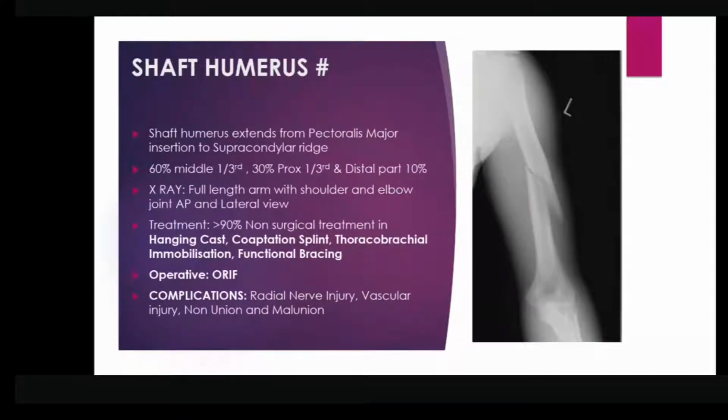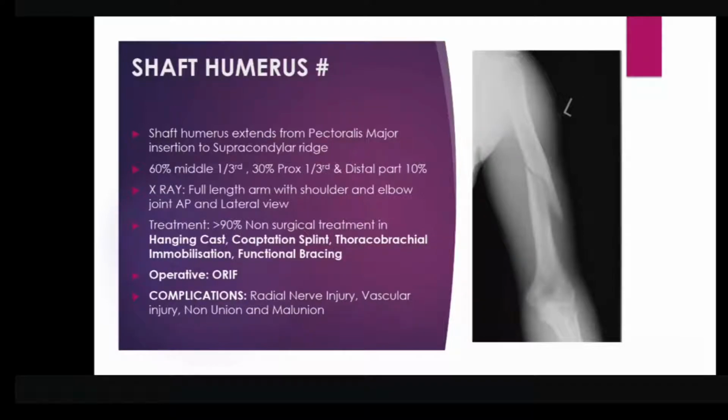As the X-ray shows, it is basically a long oblique or spiral fracture. Other variants may be a pure transverse fracture, a long oblique, a short oblique, or a grossly comminuted variety of fracture. I think I have slides later on to show you this type of fracture.